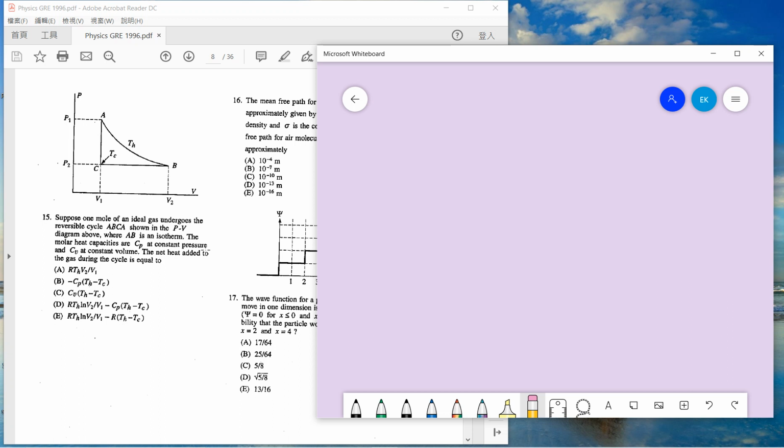Okay, so number 15 basically asks you about a thermodynamic process, and one mole asks about the net heat. This type of problem is difficult because you need to calculate case by case. So we start from the process A to B, which is isothermal.